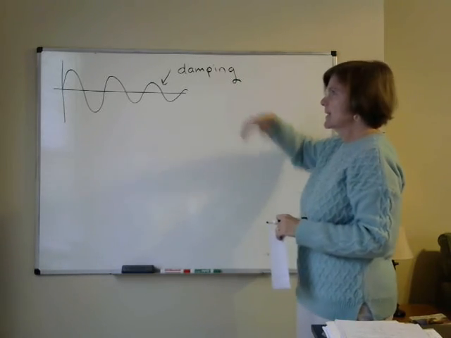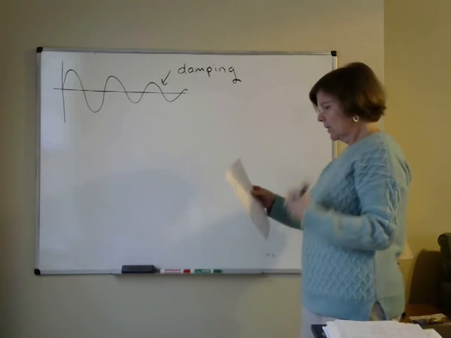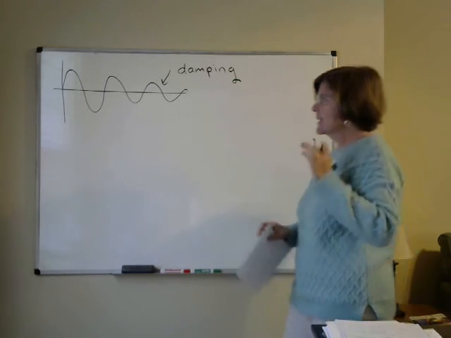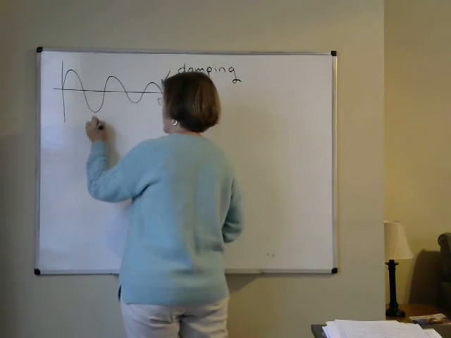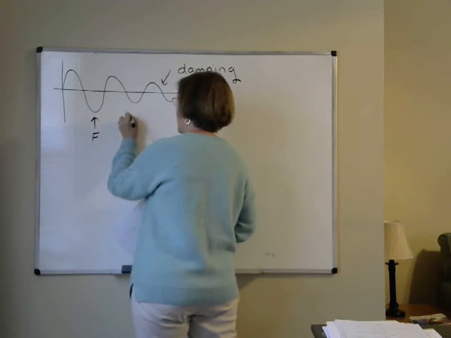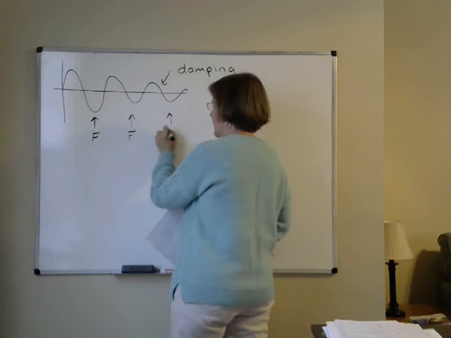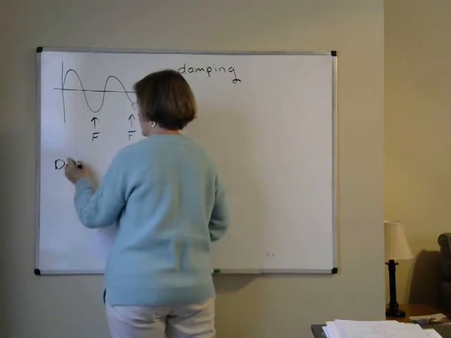So damping is where you lose amplitude. If you don't want to lose amplitude, you can fix this by giving it a little push at just the right time. Here, and here, and here. This periodic force is called a driving force.